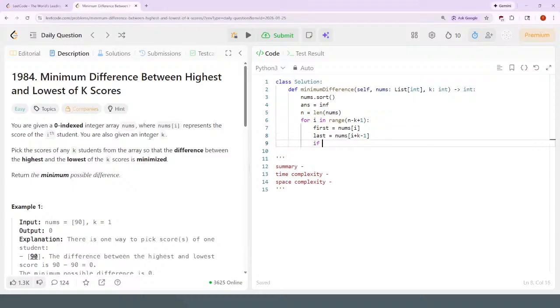And then if answer is bigger than last minus first, answer equals last minus first.